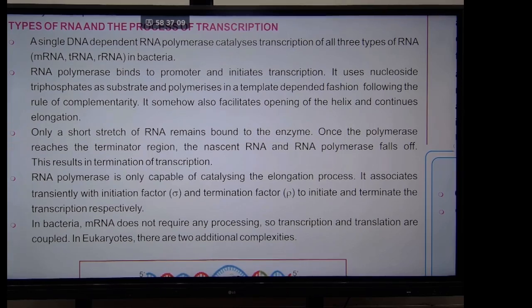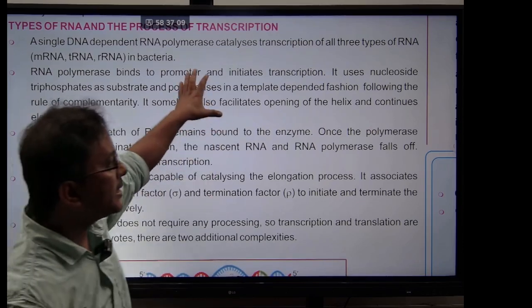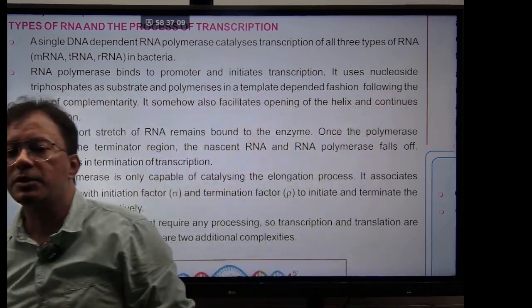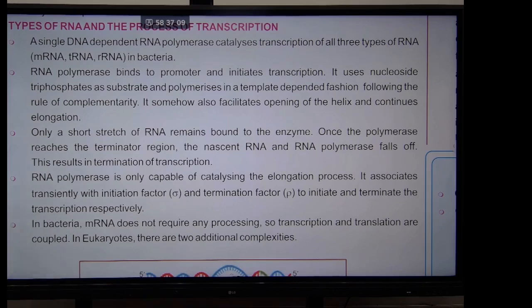It uses nucleoside triphosphates. What are the substrates for the DNA polymerase? Deoxyribonucleoside triphosphates. These are ribonucleoside triphosphates.